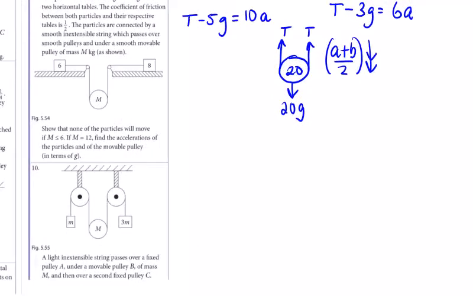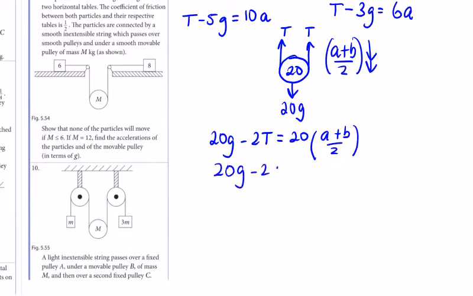So starting with my 20g, I have 20g minus 2T is equal to m, which is 20, times (a plus b) over 2. So 20g minus 2T is equal to 20 divided by 2, which is 10, so 10a plus 10b. So if I can get my a and b in terms of g and T, I will be able to solve this.